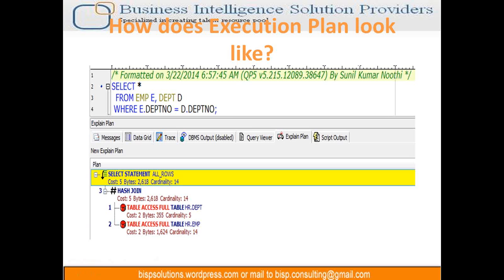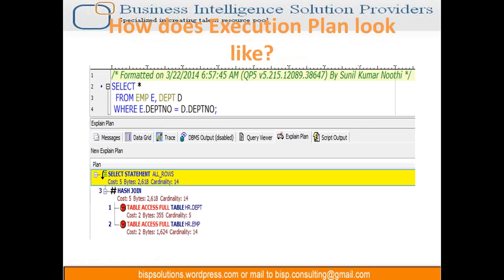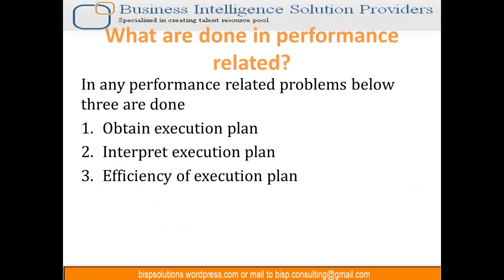So we need to understand all those concepts, interpret the execution plan, and see if we can improve anything to get an efficient execution plan. The number of rows or the data being retrieved from the server depends on the execution plan. If that is good, we get the data quickly. If that is bad, we get our data with delay.